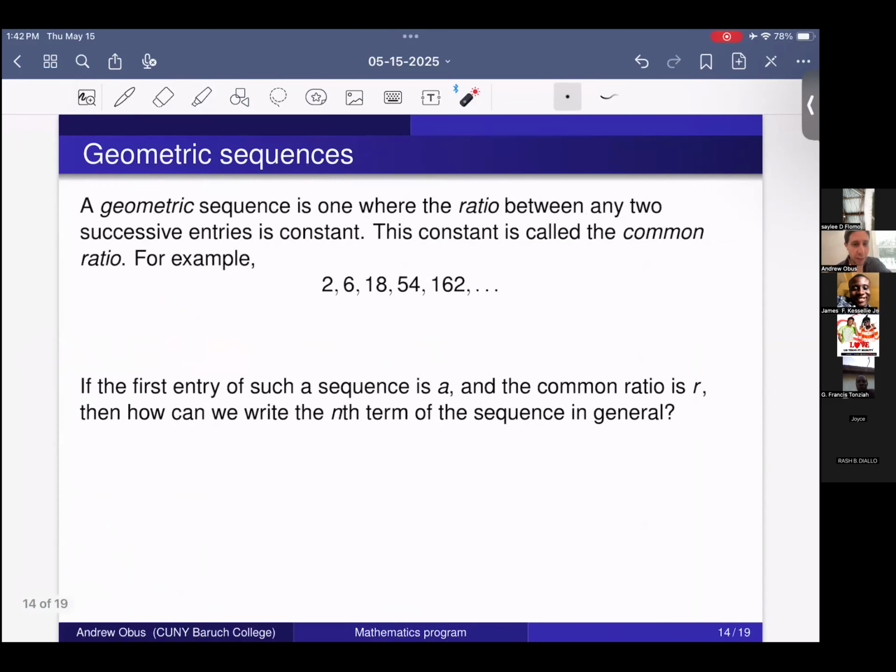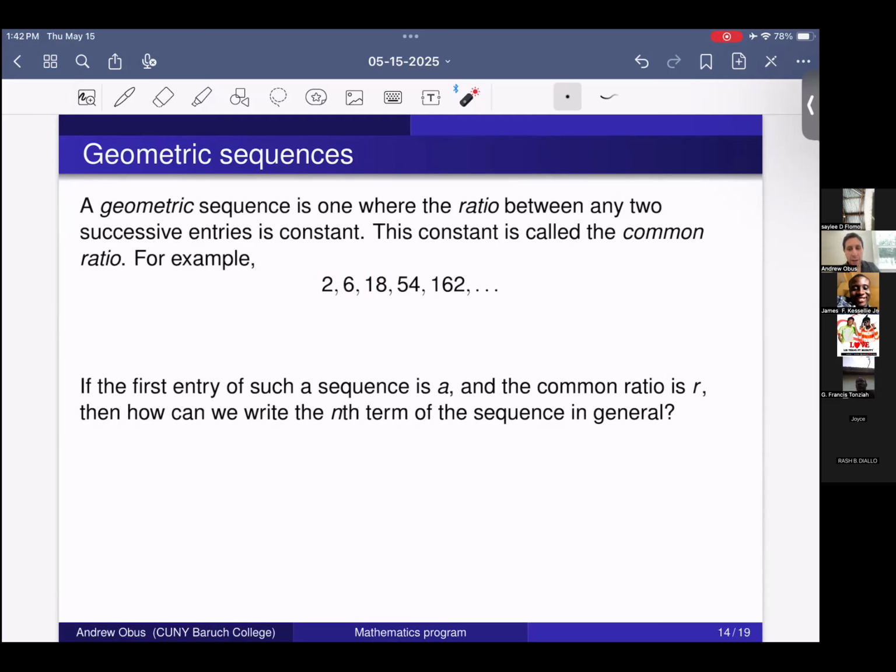So what's a geometric sequence? A geometric sequence is like an arithmetic sequence, but instead of having the difference between any two successive entries be constant, the ratio between any two successive entries is constant. Okay, and this constant is called the common ratio. So for instance, let's say we do a sequence like 2, 6, 18, 54, 162.